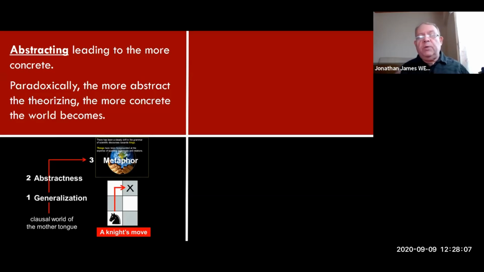You'll notice that as we turn from generalization to abstraction, and take another step to metaphor, when we turn verbs into nouns, paradoxically, the more abstract we become, the more concrete the world becomes. That's why it's that non-linear step.